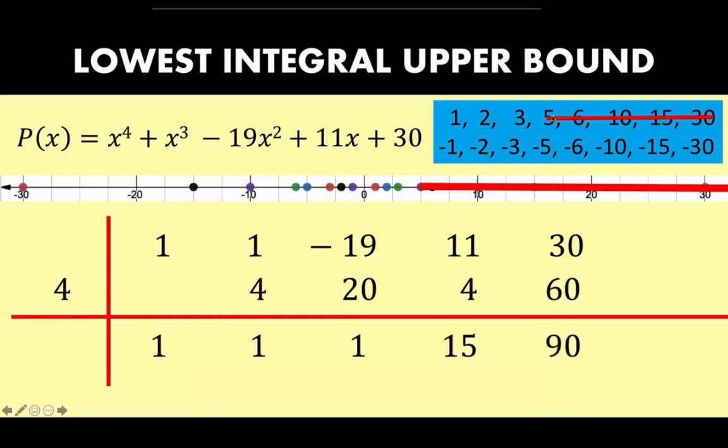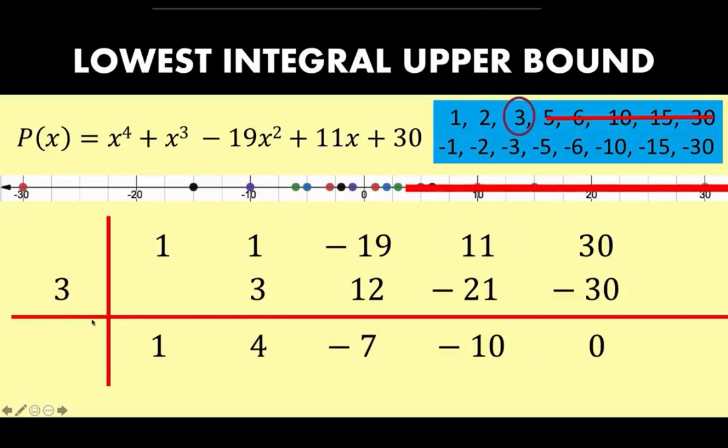If we try the next integer lesser than 5, that is 4, notice that if we perform the synthetic division, the last row also is all positive, which means that 4 is also an upper bound. Now let's try positive 3. Using synthetic division, notice that the last number here, which is the remainder, is 0.